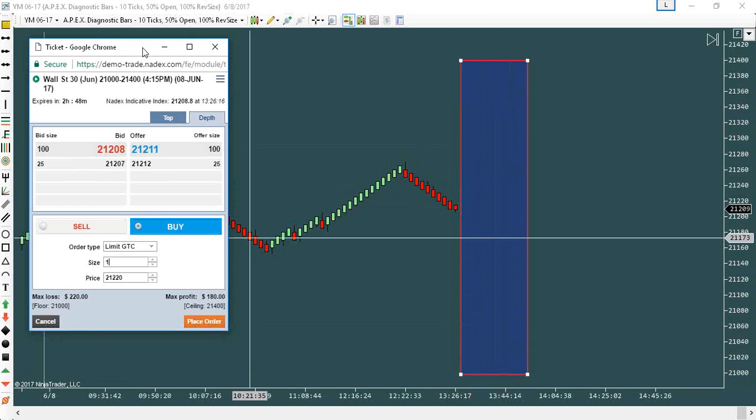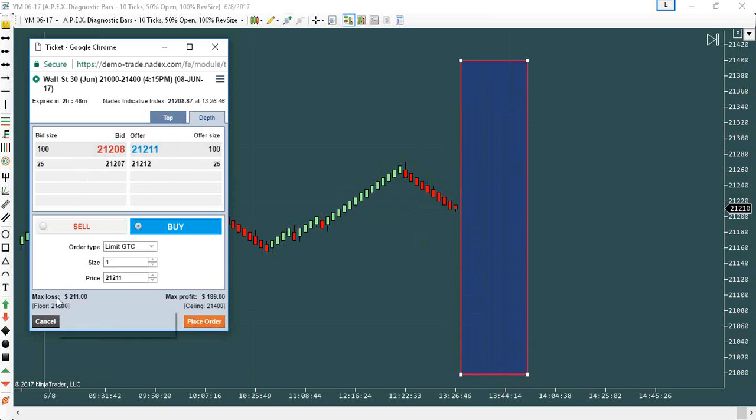So where can I buy this, or where's the market at right now? 21,208, right? Where can I buy it at right now? 21,211. So if I want to buy this spread right now, what's my max loss? How much money do I have to put up out of my account? How much money is put on hold in my account to enter this trade? Well, it's right there, 211.